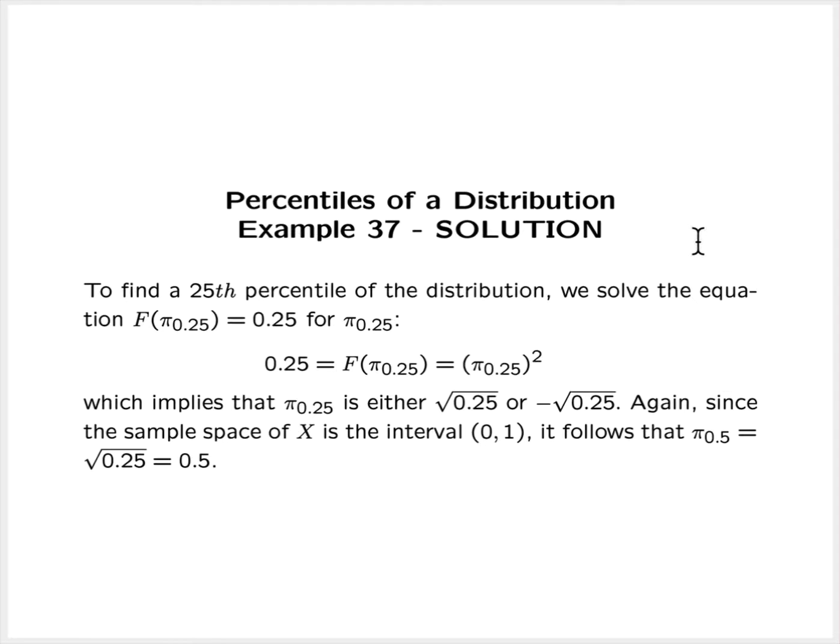Okay, now let's find the 25th percentile of the distribution. So to do this, all we have to do, if we can, is to solve this equation for pi sub 0.25.